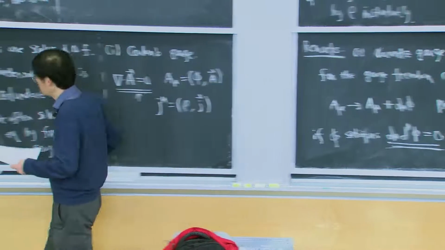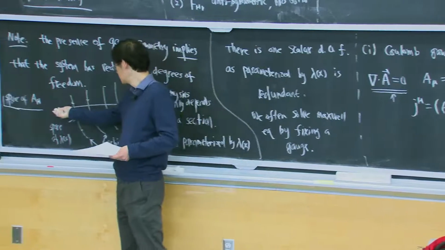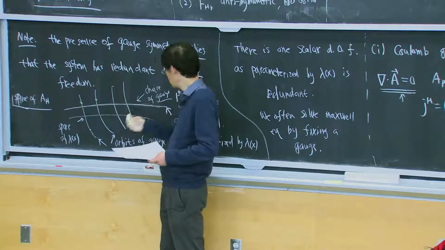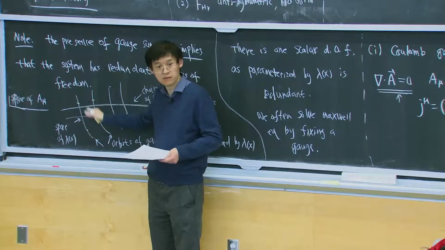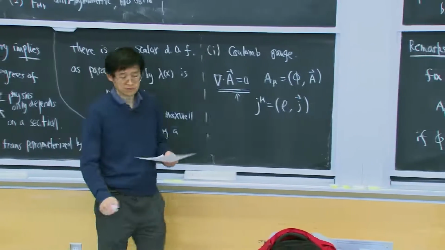As we said, we want to only quantize on a cross section. We don't want to quantize those unphysical degrees of freedom.